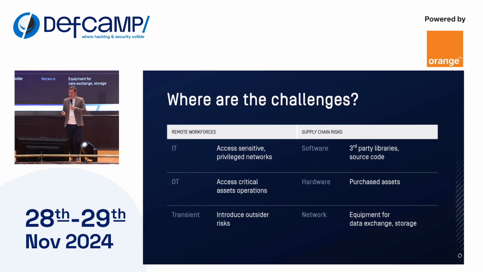You need to be specific, and we'll talk about the strategy that you can implement in building a solid cybersecurity framework in tackling those challenges. But we have supply chain risks as well. Anyone here heard about the SolarWinds attack?